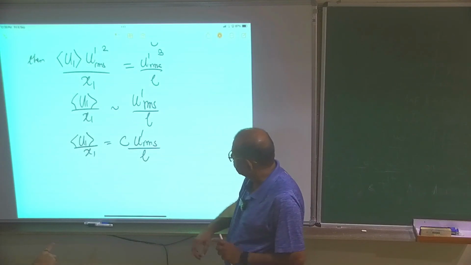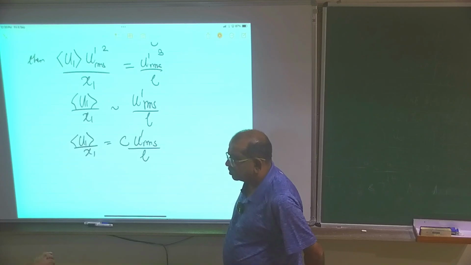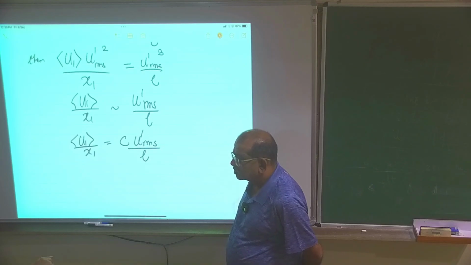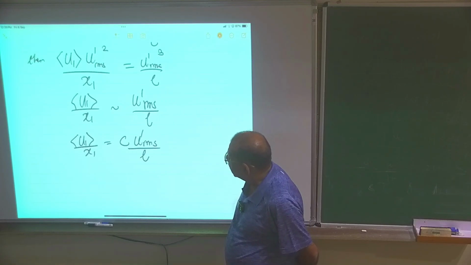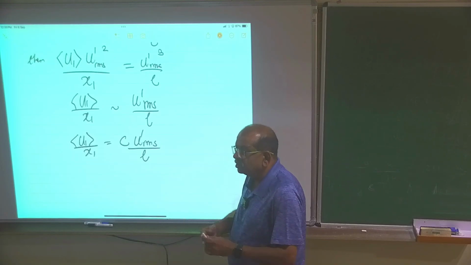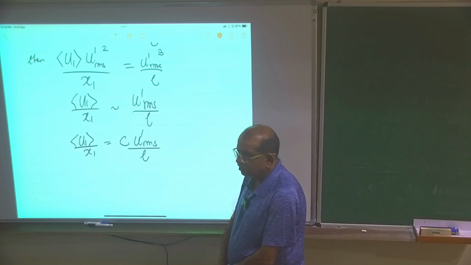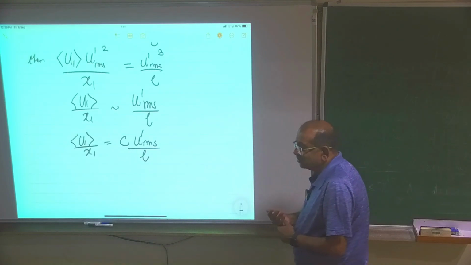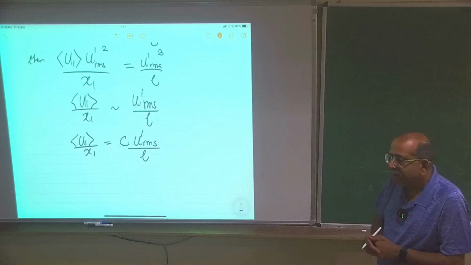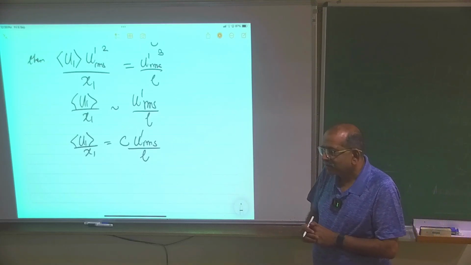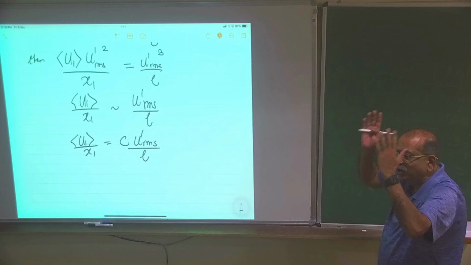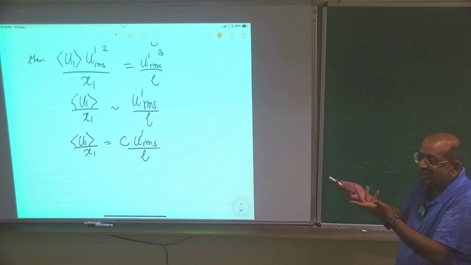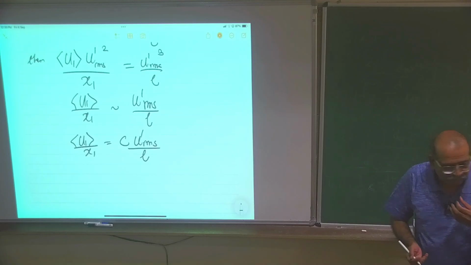No, I'm talking about L. Can we write L as mean u1 times t? But which t? We are not even sure. Then t becomes the variable instead of u1. Even if you think of some velocity scale times t, what t then? So let's move ahead from here.